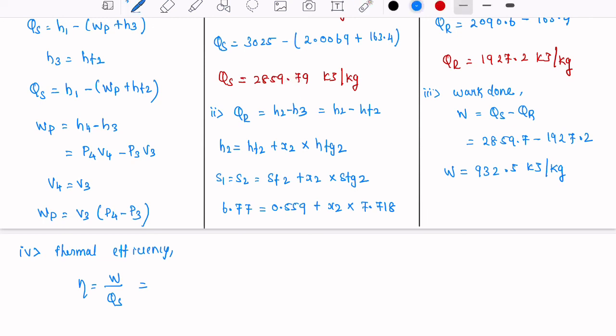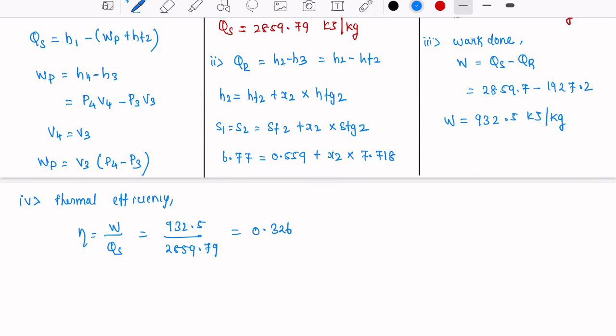On substituting this value, we can find the efficiency of the Rankine cycle. That is 932.5 divided by the heat supplied, 2859.79, which is equal to 0.326. The thermal efficiency of the Rankine cycle is calculated as 32.6 percent.